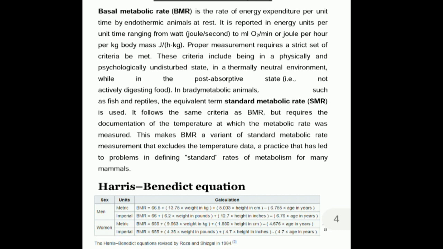Here is the Benedict equation for men and for women. By this equation we can identify the BMR for a person.